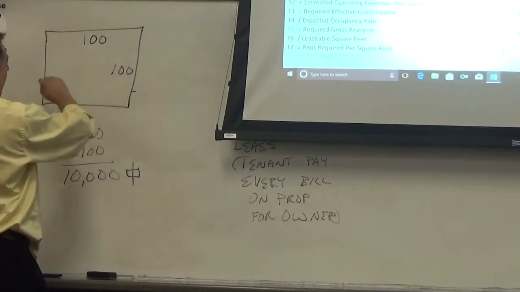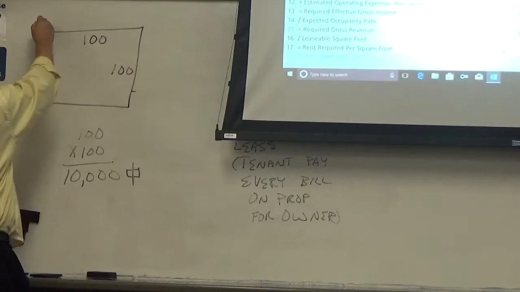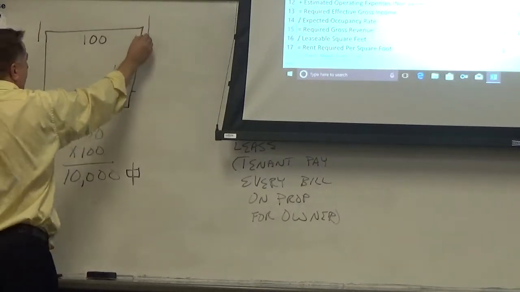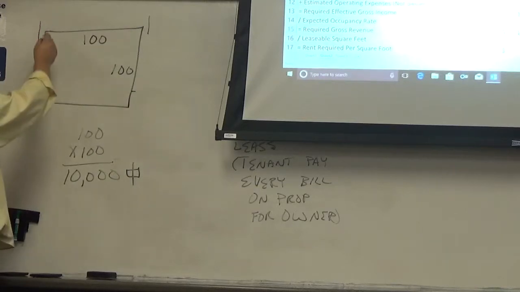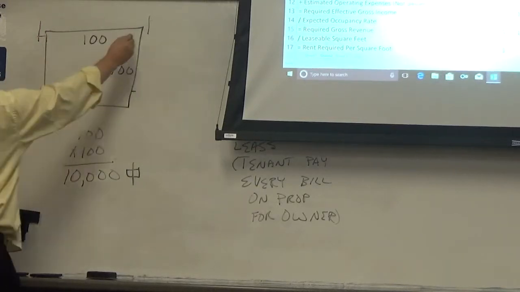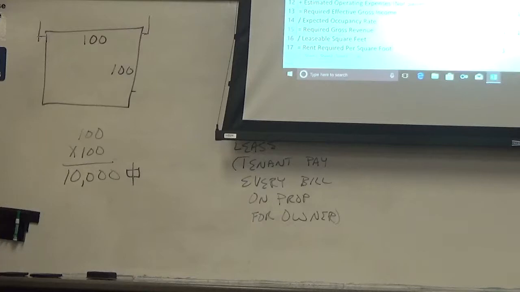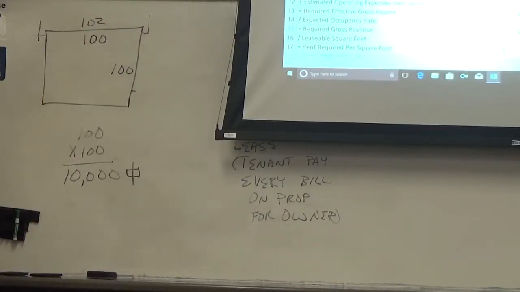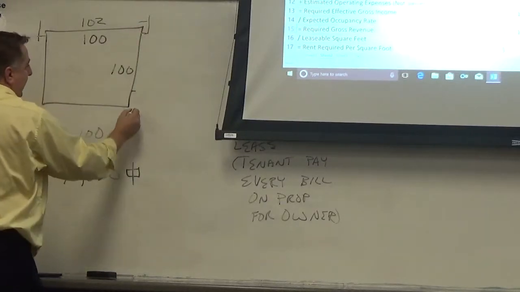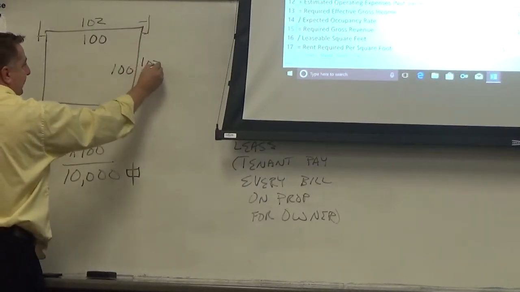So that really means what? From here to here, in terms of the outer wall, you've got an extra foot over here and an extra foot over here, yes? So it's really 102 feet. Does everybody see that? Same thing up here and up here, 102 feet.